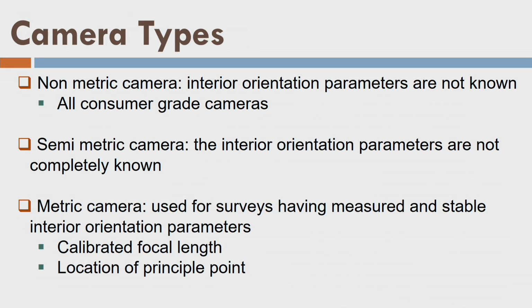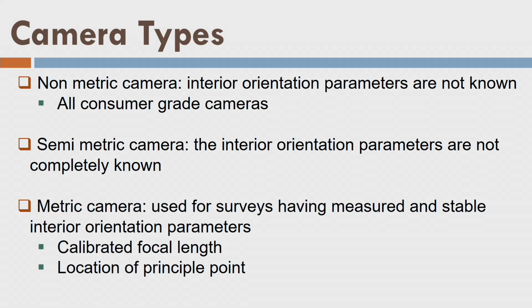Okay. Now, we have learned all the things about camera, platforms and other terminology. Being a photogrammetrist, what do photogrammetrists say ultimately about the camera? They say three things. Camera is non-metric camera, camera is semi-metric camera, or camera is metric camera. Non-metric means the interior orientation parameters are not known. In general, all the consumer grade cameras are non-metric cameras.